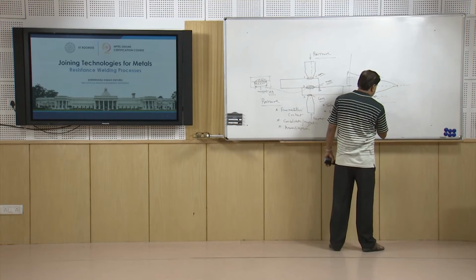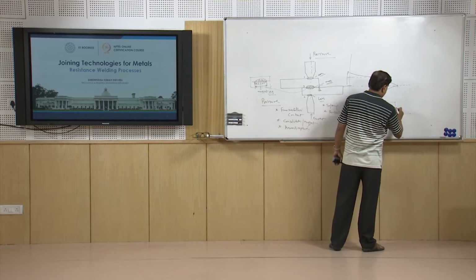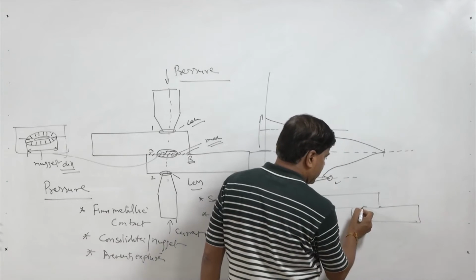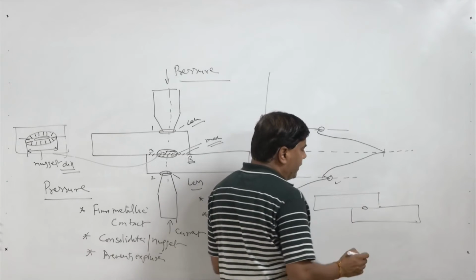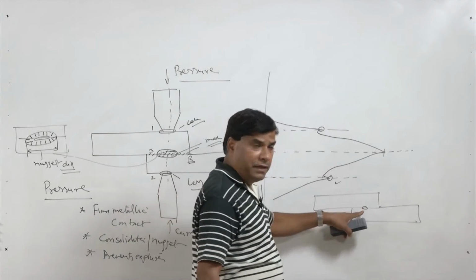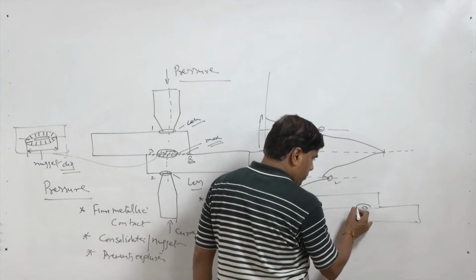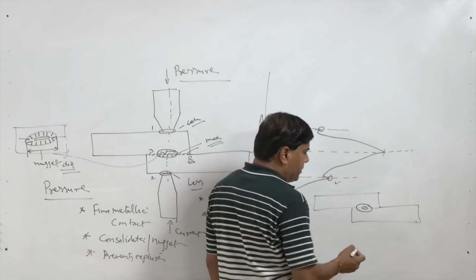So, if we see in this configuration, in this kind of joint, if the nugget size is small, the load carrying capacity of this joint will be lesser as compared to the case when the nugget diameter is large.